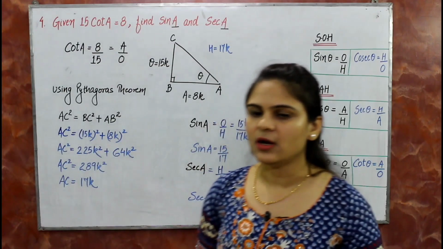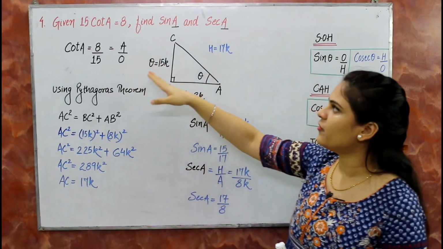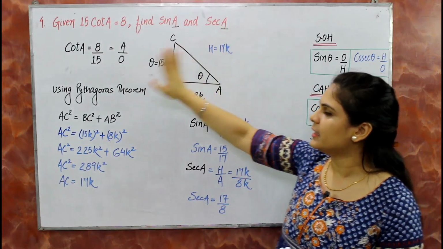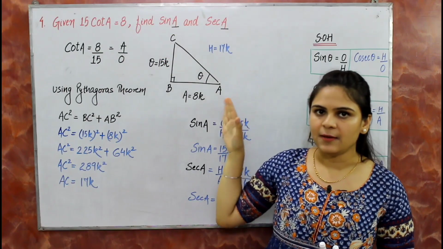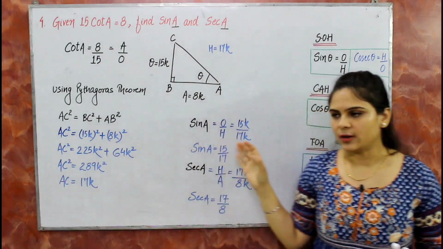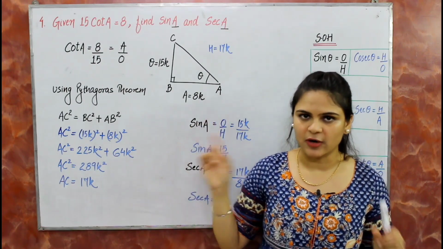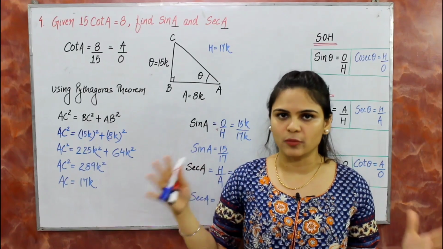So you can find other trigonometric ratios also. Like in this question, you can find value of cos A, cot A. Cot A is already given, and others like cosecant A, tan A, etc. Question number 5 is similar to this question, in which one value is given and you have to find the value of other trigonometric ratios.